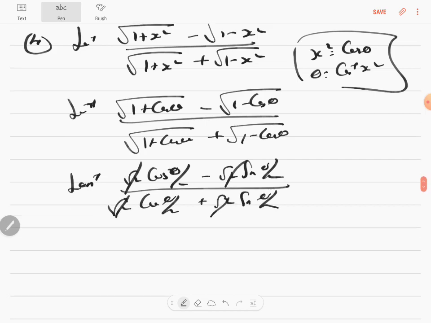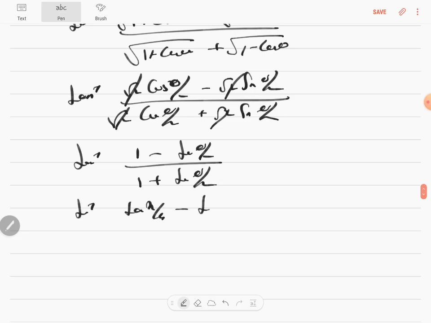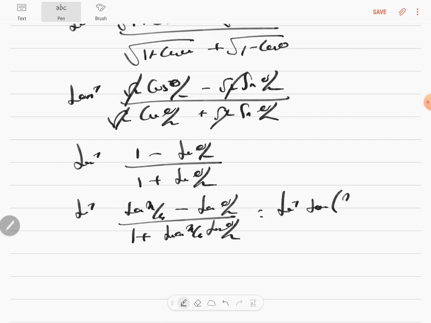Root 2 throughout gets cancelled, dividing throughout by cos theta by 2: 1 minus tan theta by 2 by 1 plus tan theta by 2, where 1 itself is tan pi by 4. So tan pi by 4 minus tan theta by 2 by 1 plus tan pi by 4 tan theta by 2. You can write it like this. This itself is tan inverse of tan of pi by 4 minus theta by 2. What is theta?